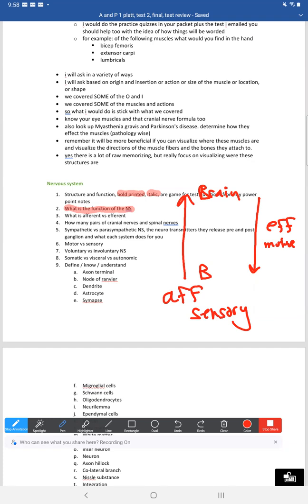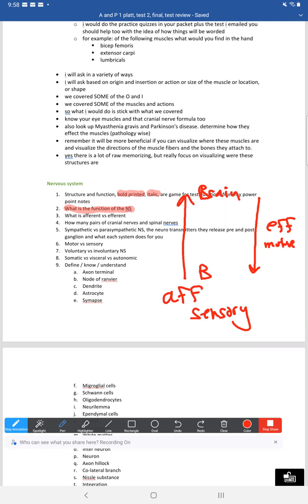Okay, how many pairs of cranial nerves? We have 12 pair. And how many paraspinal nerves? Actually, anybody know how many paraspinal nerves we have? Can you repeat that, please?